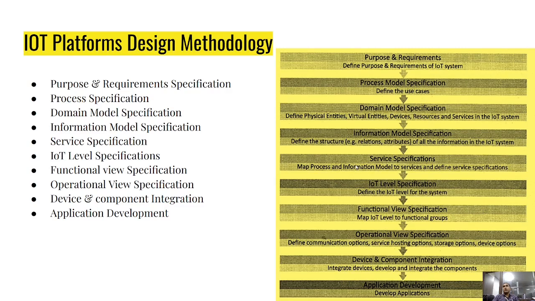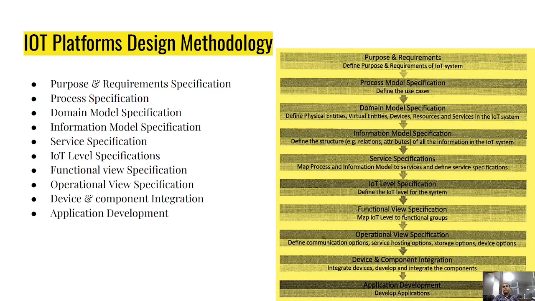How the process model and the information model map into each other, that is what we will be discussing in the service specification. Next is the IoT level specifications. Actually, there are 6 levels of IoT devices. We are discussing those in this category, and we will also discuss how a particular device fits into one of these level specifications.